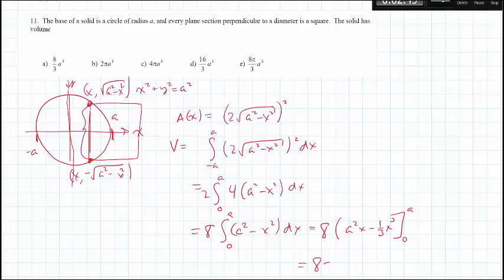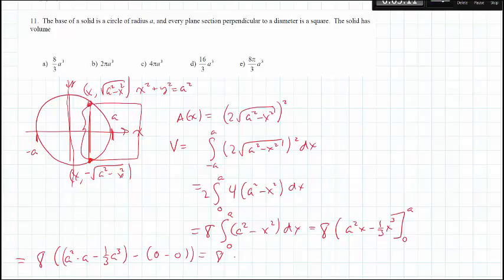This becomes 8 times a squared times a minus 1/3 a cubed minus, and then we get double zeros here.